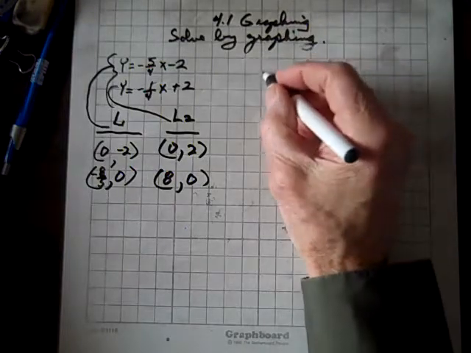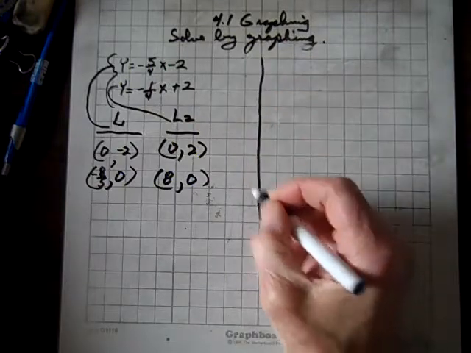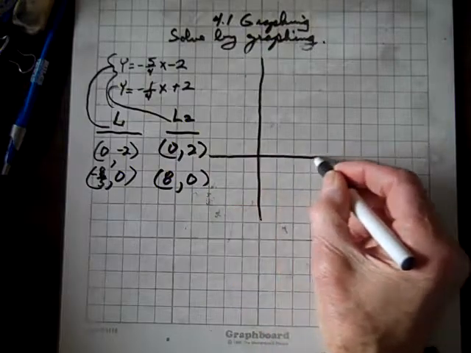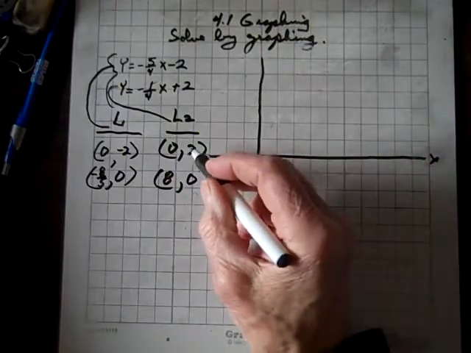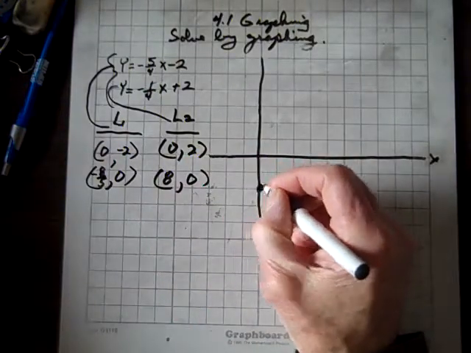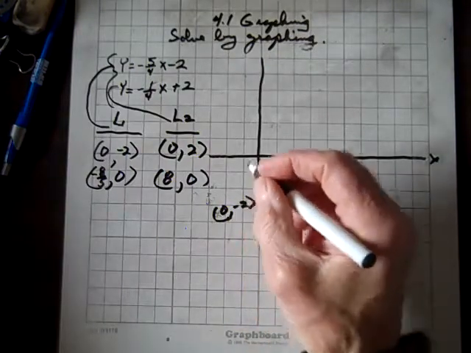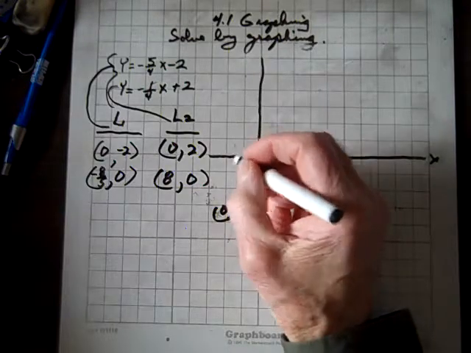Let's call this the x-axis, and we've got a couple of points to graph: 0, -2, so there it is, and -8/5, 0, which is almost -2.